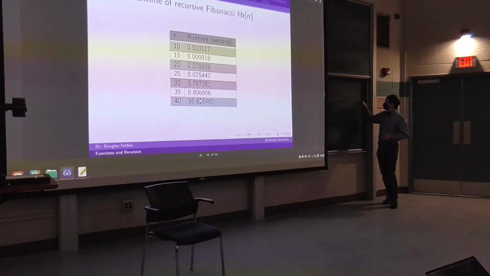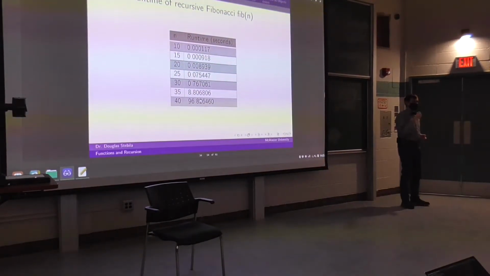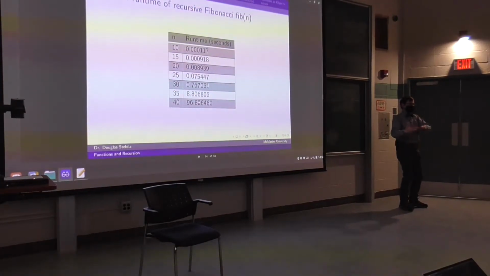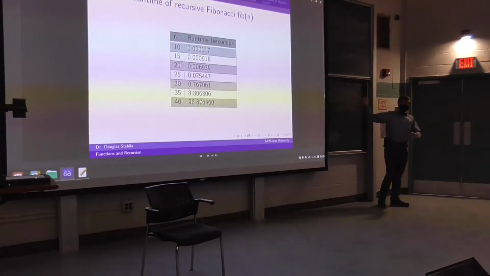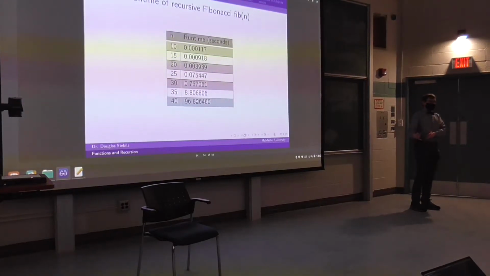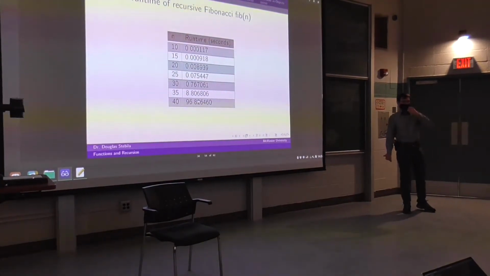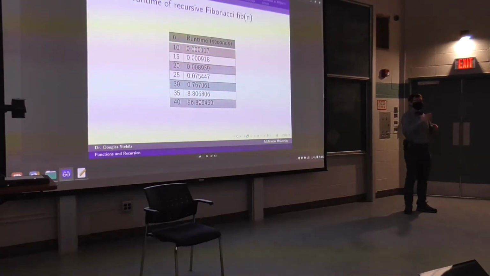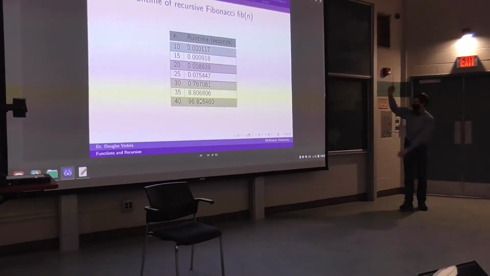Which one of these terms will contribute most to the runtime at large values of n, right? Yes? The one with the highest exponent. The one with the highest exponent, absolutely.